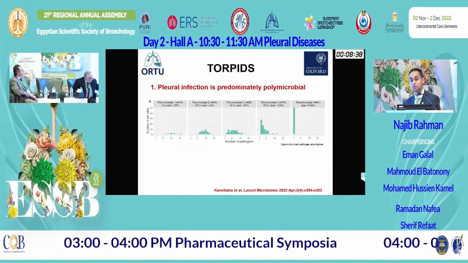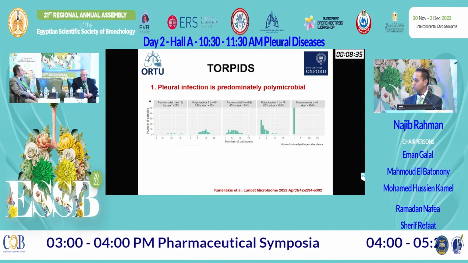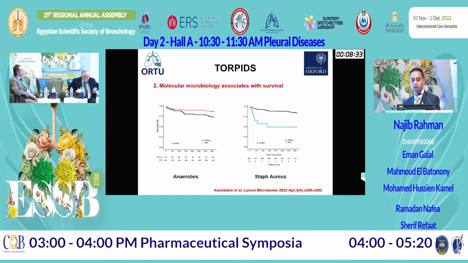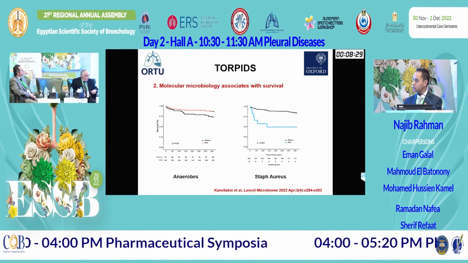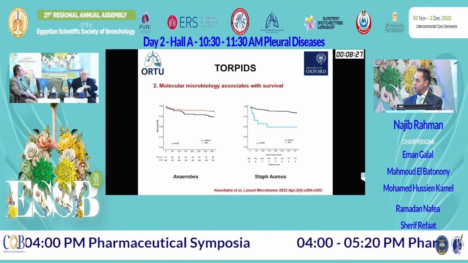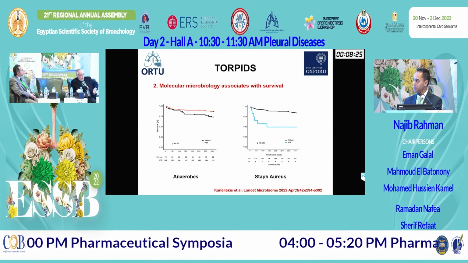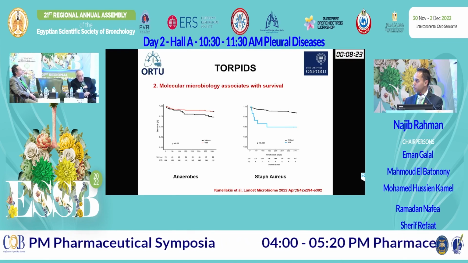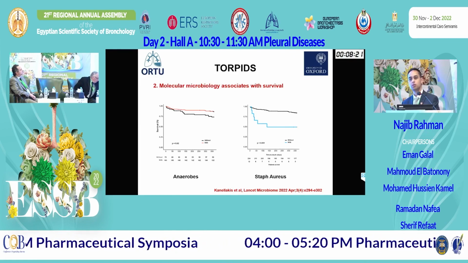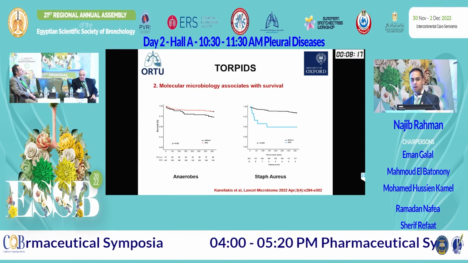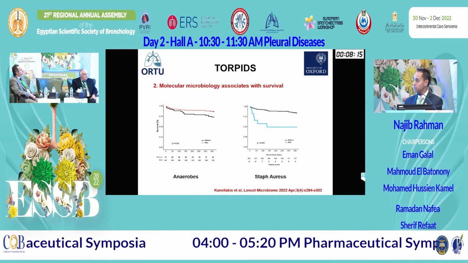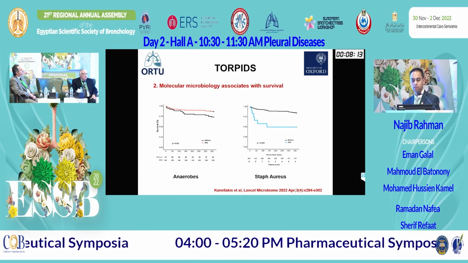And this suggests that in the majority of cases, you need to continue with your anaerobic cover. And secondly, for the first time, we have associated the microbiology with survival. So having an anaerobic baseline is associated with a better survival, having a Staph aureus at baseline is associated with a much worse survival. We don't understand the mechanism of this as yet, but certainly if you diagnose a patient with Staph aureus, you should be very aggressive with your therapy.